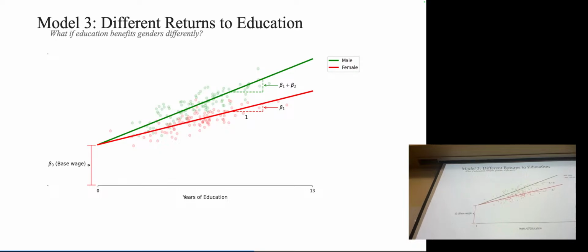I'm going to show you a regression equation in a second. What's that equation going to look like? Luke. Was your hand up? I'm still thinking. Okay.